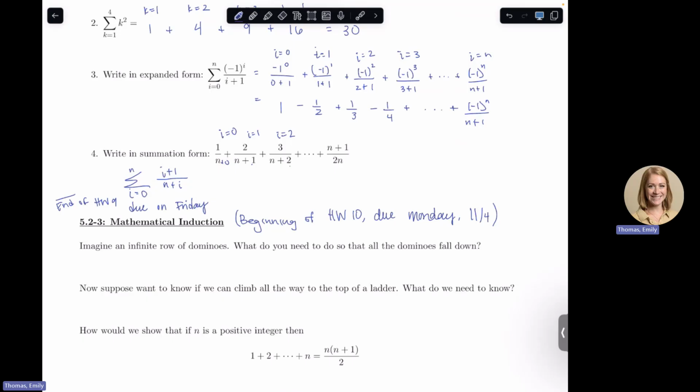But when we push one, what happens? It pushes the next one, right? And then that one pushes the one after it, right? So what you need to know is that the first domino falls.